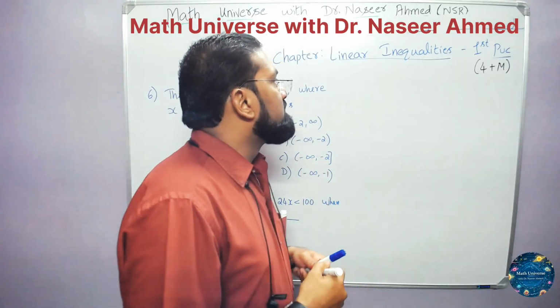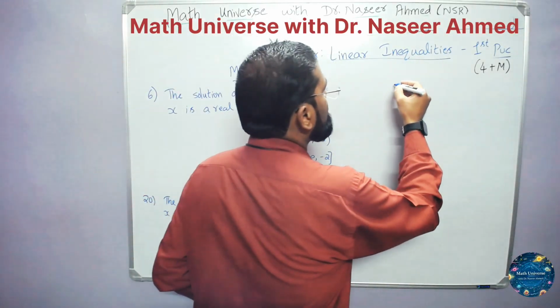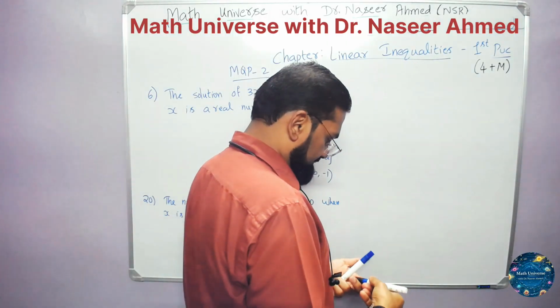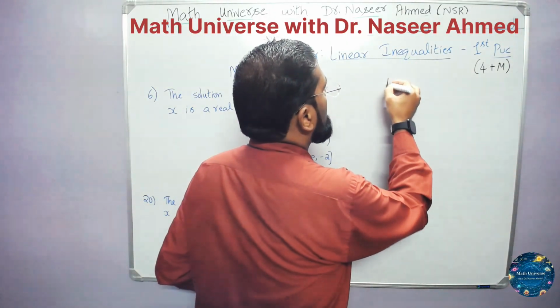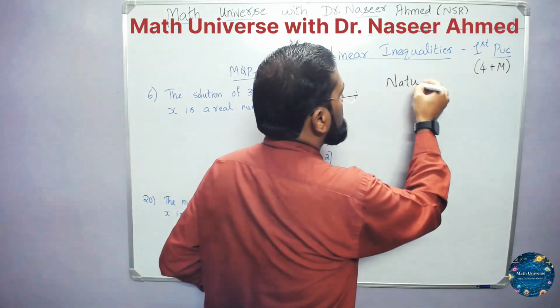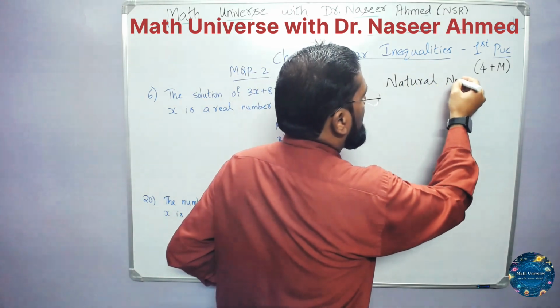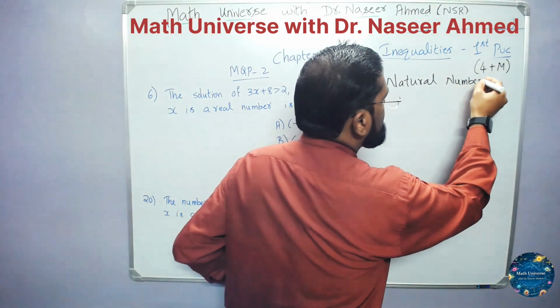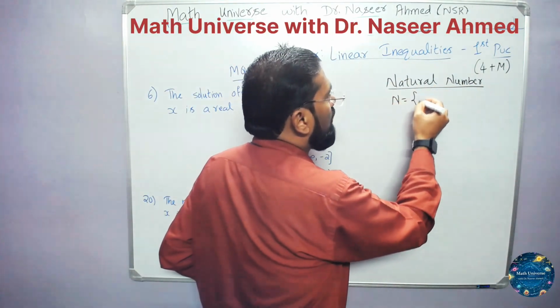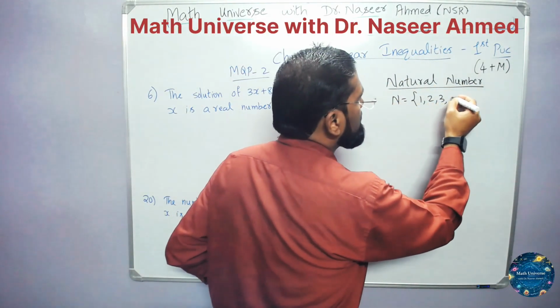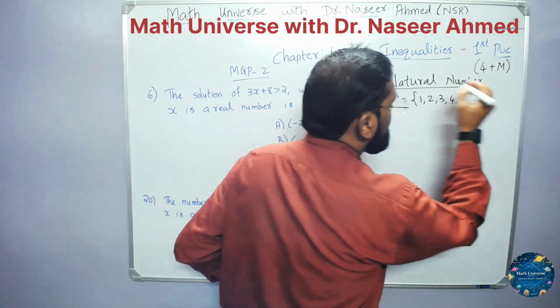Okay. So coming to the number system, as we know, the first one will be natural numbers, denoted by N, and it's a counting number starting from 1, 2, 3, 4 and moves on.